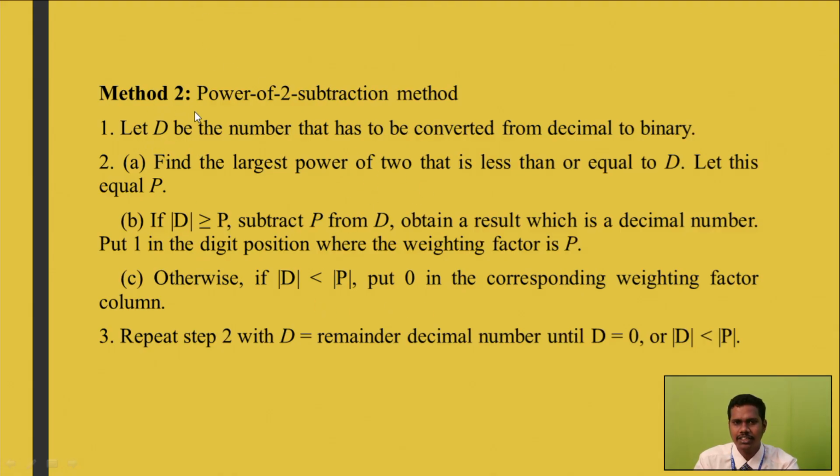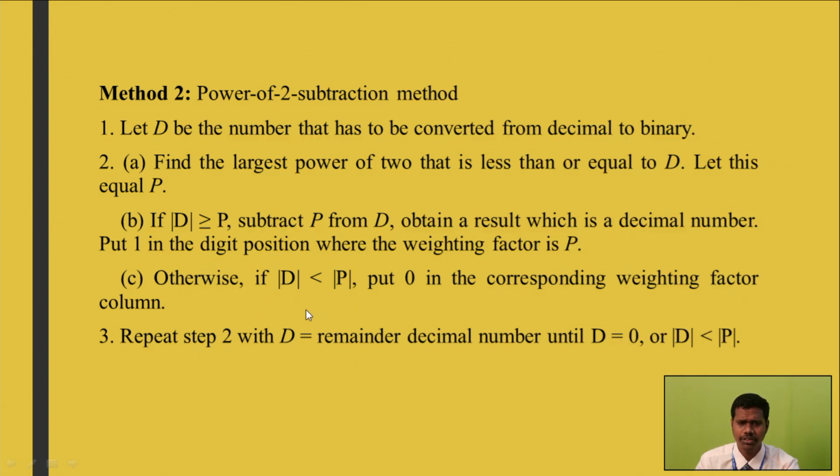First we take the decimal number D, then we find the power value P, and we check that P is less than or equal to D. If P is less than or equal to D, then we subtract P from D, and the result becomes the new D, and again we find the new P, the less than or equal weighting factor, and we put 1 for that particular digit position.